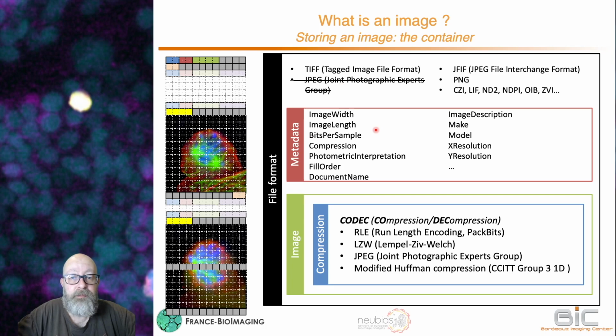So I've been talking about metadata, which is quite an important part of the file. And of course, the file contains the information relating to the image. It may store the image data raw, simply by putting side by side all the intensities, or it may use what is called a codec, an algorithm dedicated to compression and decompression in order to try to shrink the content.